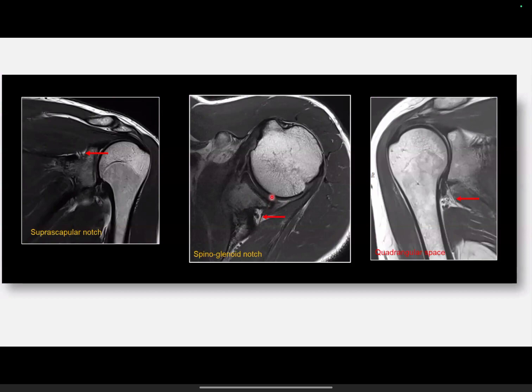Sometimes there will be posterior labral tear and large paralabral cyst which will compress this nerve at this level. And whenever you are seeing any denervation edema in teres minor and deltoid muscle, the axillary nerve territory, that time you should see quadrangular space because there will be axillary nerve compression. Here, suprascapular nerve compression in the suprascapular notch and spinoglenoid notch.